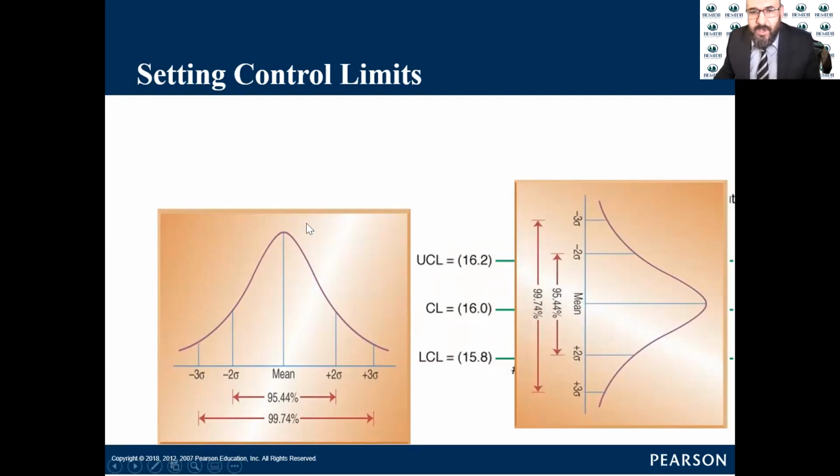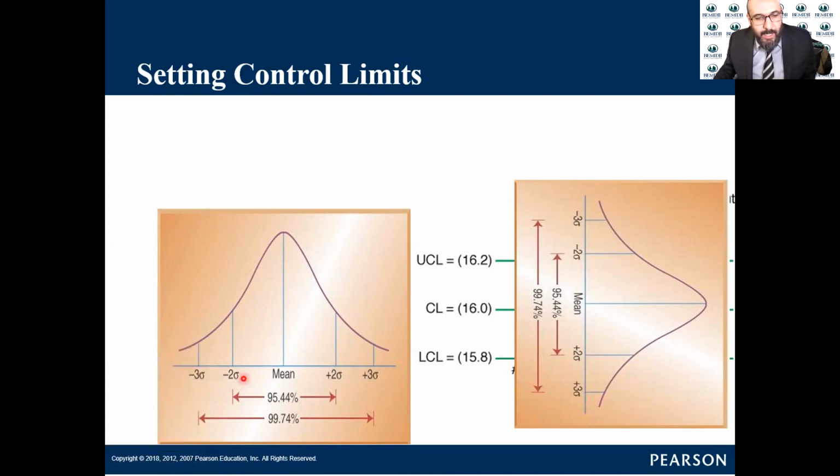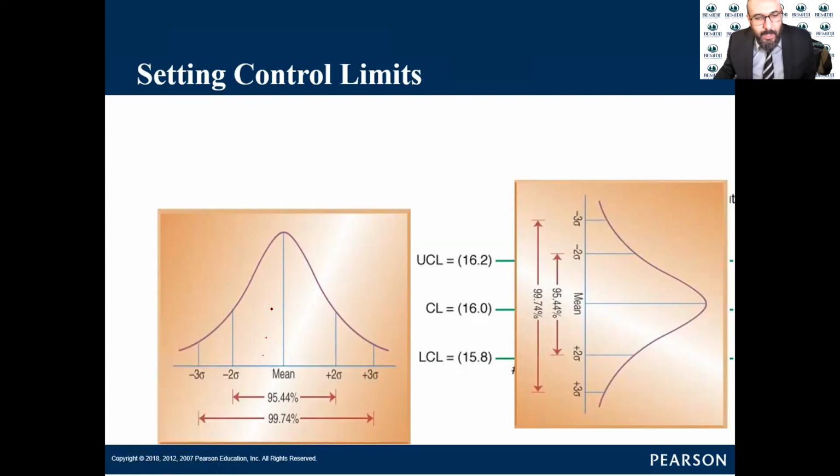So just an idea to get you closer to the control charts. We've done the histogram, we've done the normal curve, and now instead of seeing it as a curve this way, we're going to flip it 90 degrees, and we're going to plot the data. In the past, we used to plot data here, here, and here.